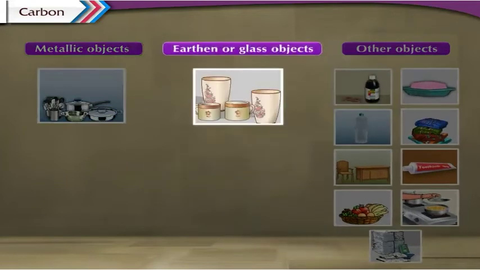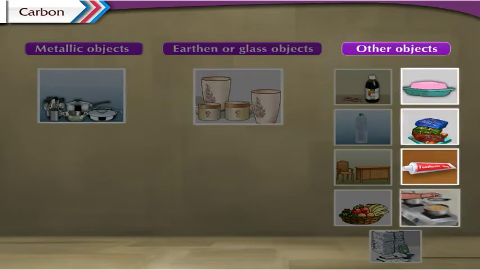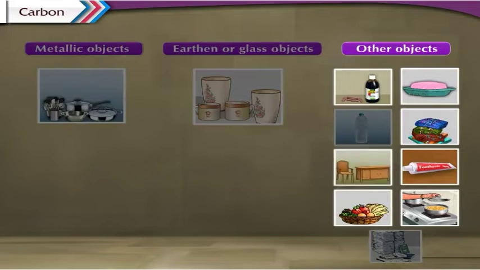Earthen or glass objects like cups and glasses for drinking tea, coffee, and water. Besides these objects, we also use objects like toothpaste, soap, clothes, fuels like cooking gas, foodstuffs, medicines, wooden objects like chair and table, books, plastic water bottles, etc.